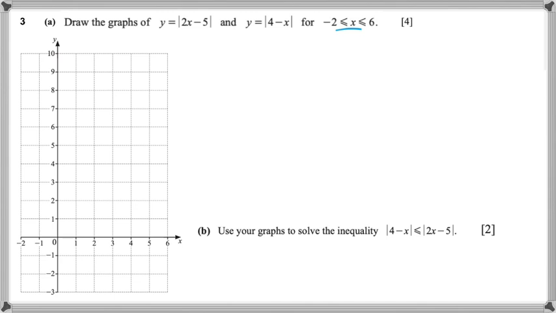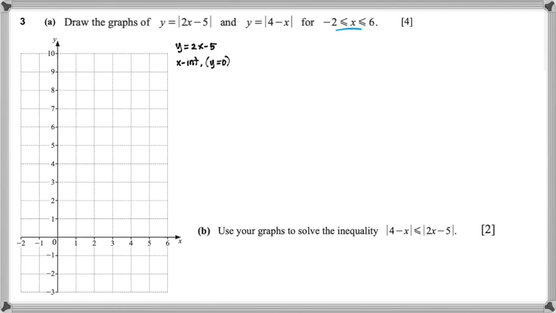Alright, so we have the first equation, which is y is equal to 2x minus 5. When we solve this, we assume that it's still a straight line first. Then we get the x-intercept. For the x-intercept, we let y is equal to 0.